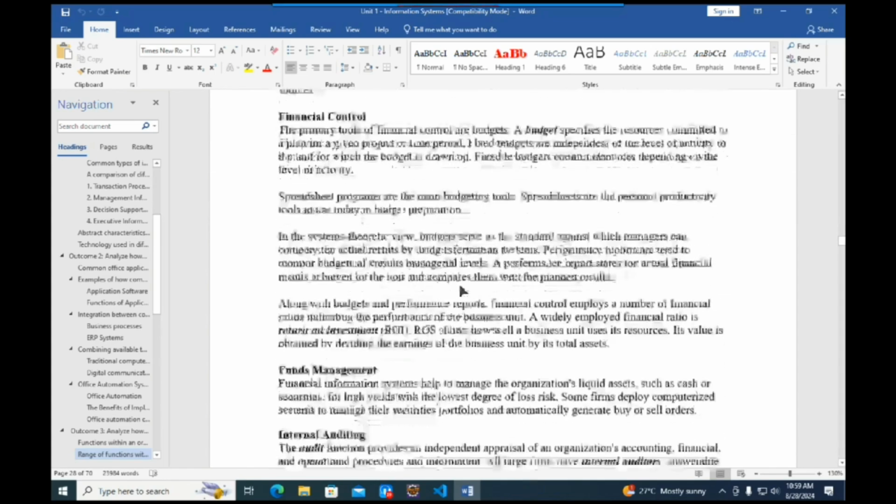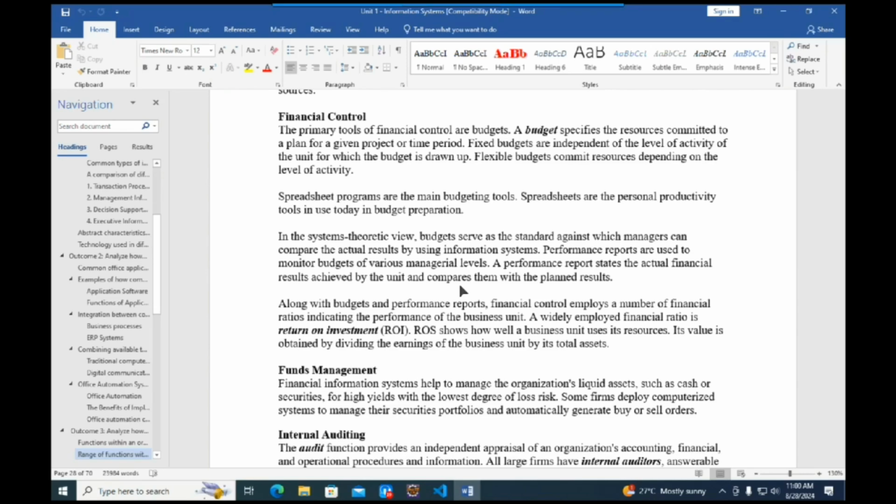So we have the financial control. The financial control normally uses a tool that we call a budget. A budget is going to show the various resources that are committed into that particular company for a given period.